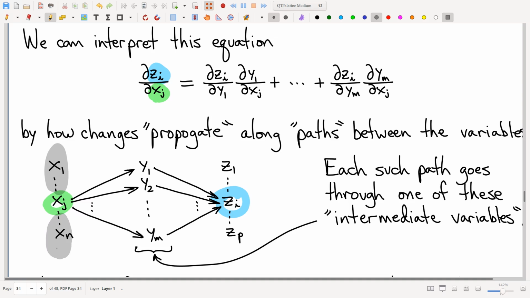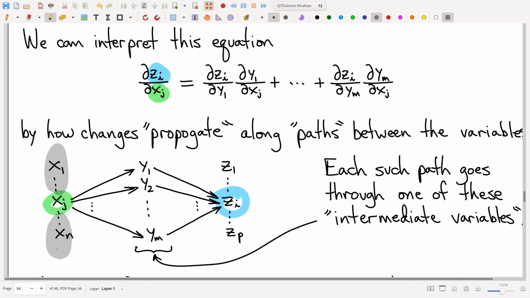If you start changing the values of xj, all of these y's are going to be changing by some amount, to be determined how much, but they're going to all change, and then one at a time, individually, each one of these changing y variables will contribute some amount to how much zi will change.